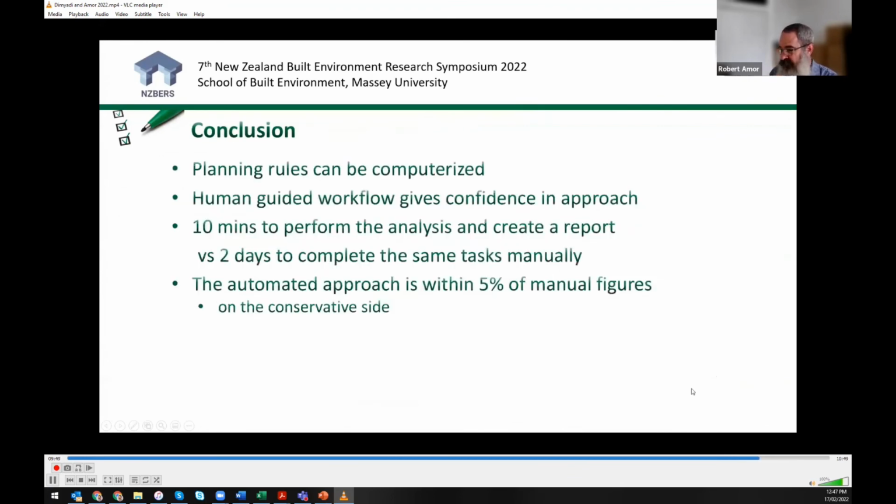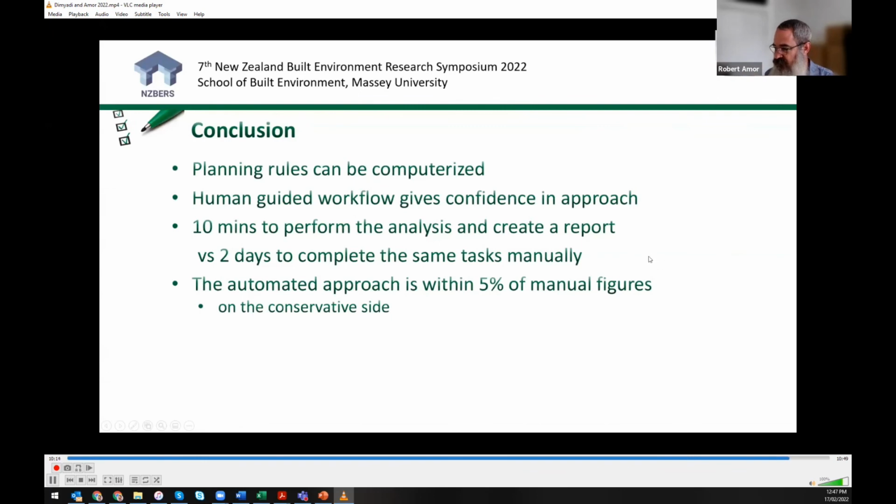So in conclusion, what we can see is that planning rules can be computerized through use of human experts. We can identify an appropriate way of representing planning rules. Through the human-guided workflow, we can give confidence that the results which have been calculated are the same, in the order that a human would approach them. This is obviously much faster to do.